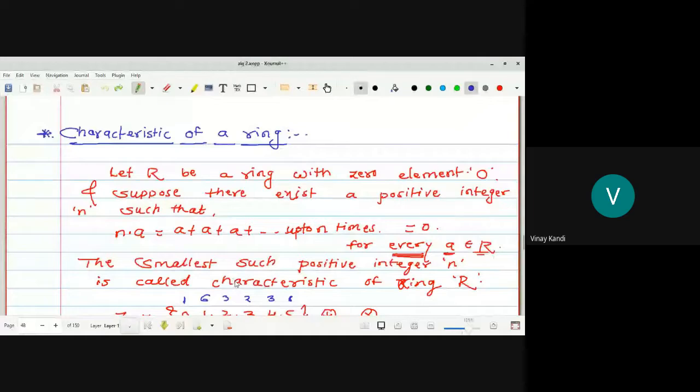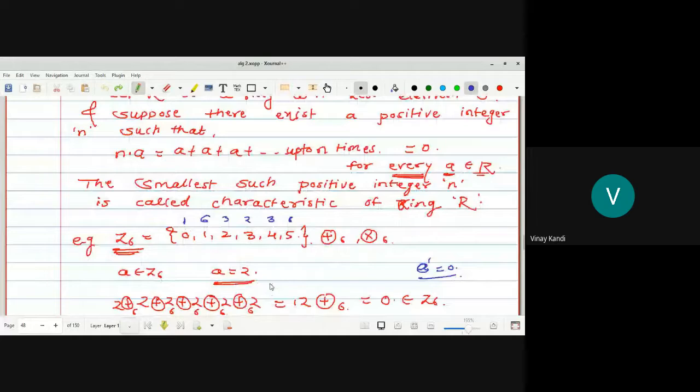For every element a belongs to R. For example, Z6. For each and every element a belonging to Z6, we have 6 into a is equal to 0.